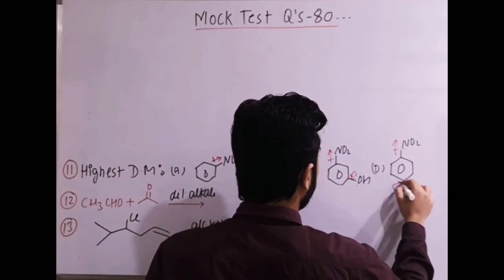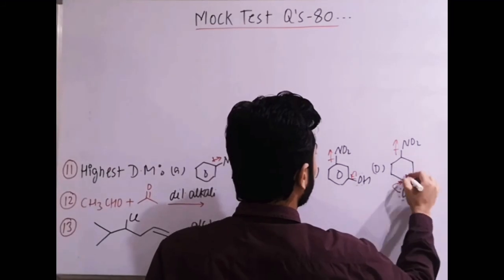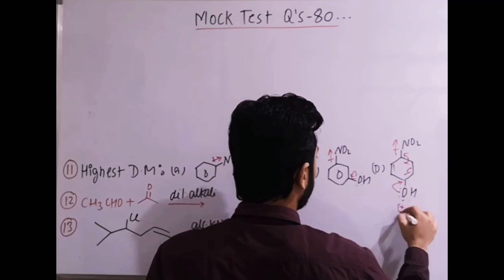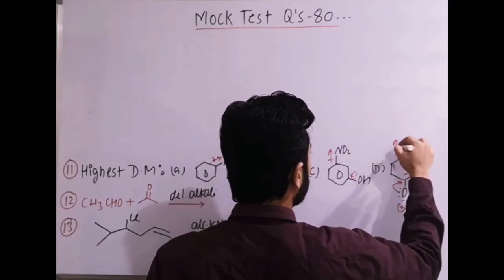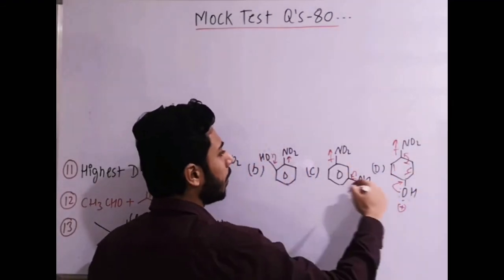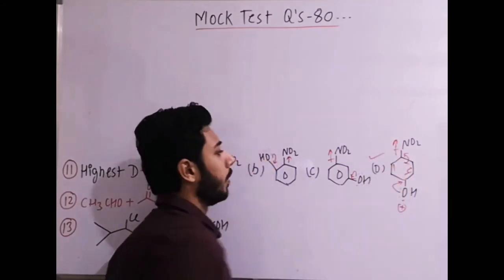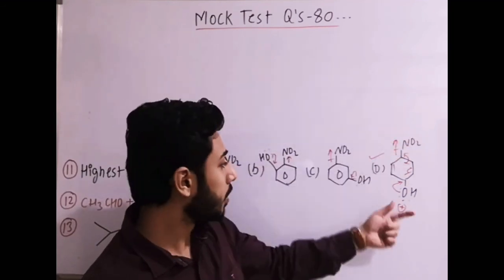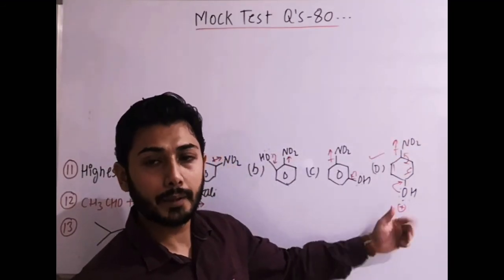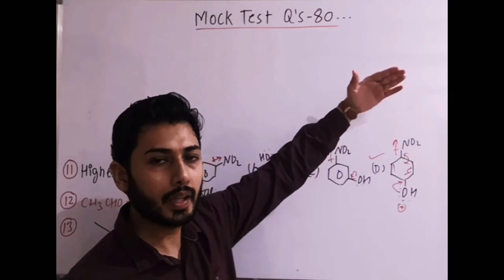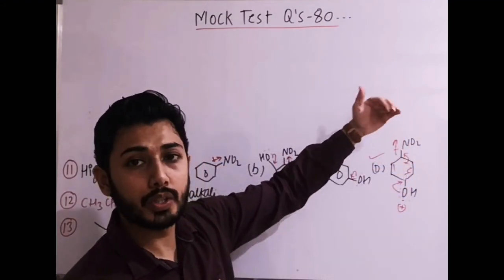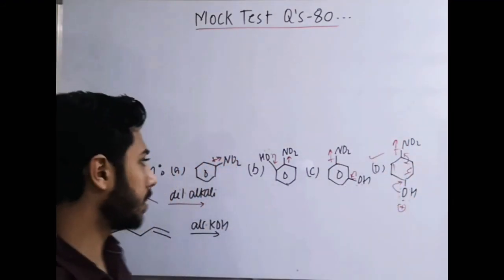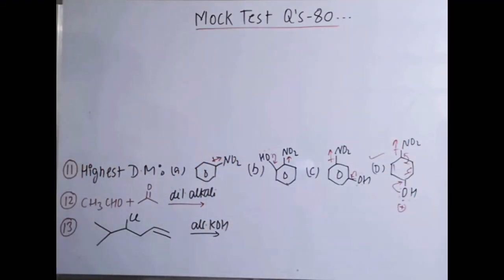And exactly opposite. That means there will be maximum positive charge developed on one side, and maximum electron release on the other. Among them the best option will be where they are both para. Why? Because electron release is through the mesomeric effect. Pi electron density is moving into the ring, and exactly opposite, NO2 is withdrawing it. So it is a vector quantity. The net dipole will be maximum for option D.